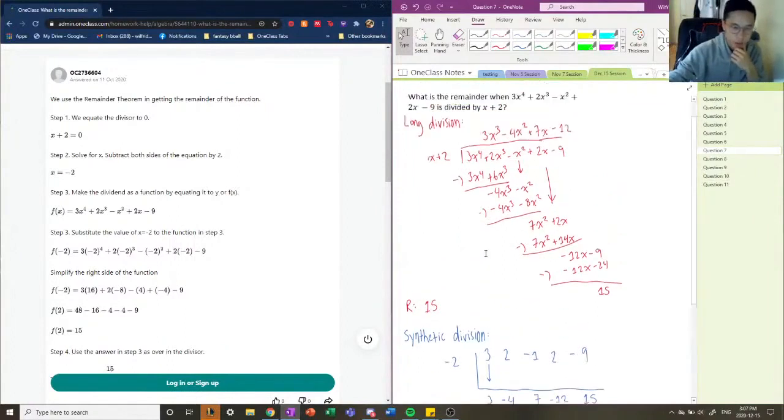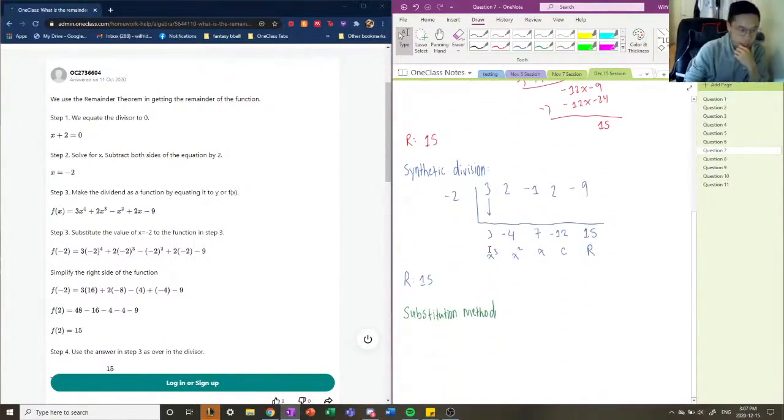So the zero from our divisor is going to be x equals -2. So we're going to sub x equals -2 into our function here. Okay, so f of x is equal to 3x to the power of 4 plus 2x cubed minus x squared plus 2x minus 9.